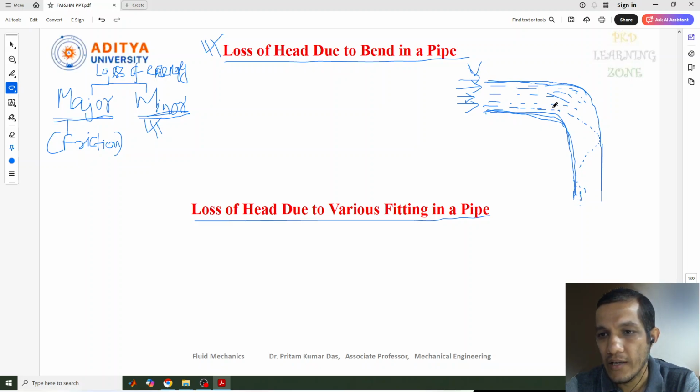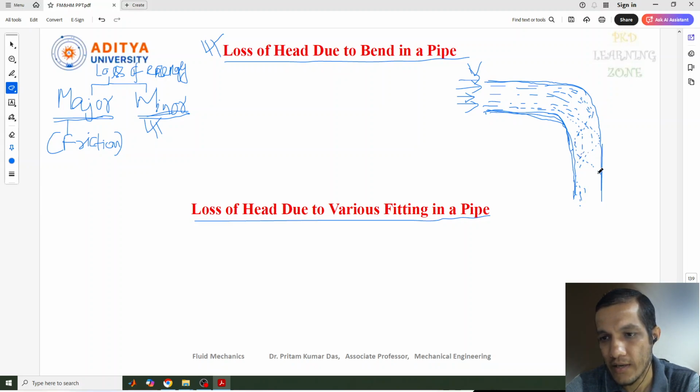That means there is a gap between the flowing fluid and the surface of the pipe. Due to the sudden bend, the fluid comes directly from here to here, strikes the surface of the pipe, and then comes back like this.